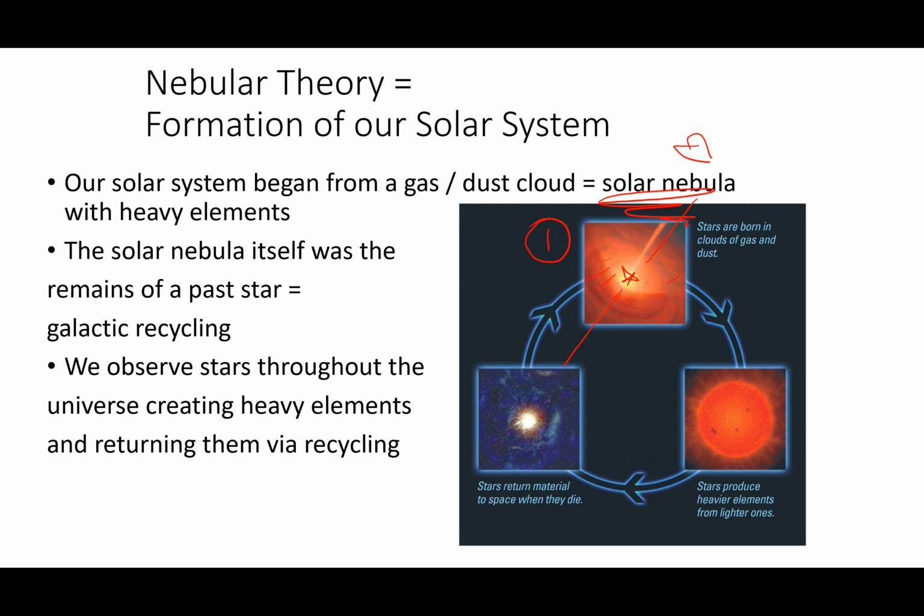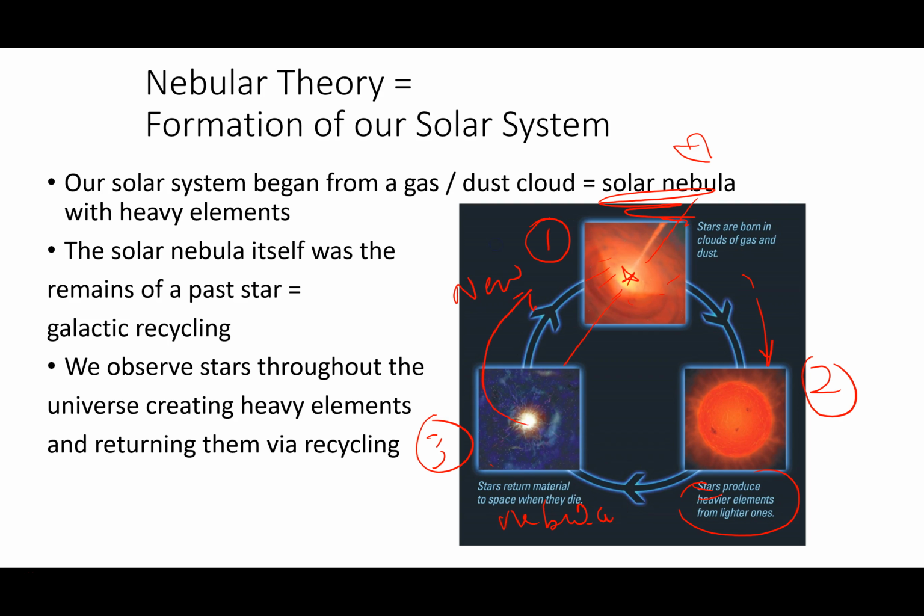This then is when it is a star. And this shows it's creating heavier and heavier elements. We'll talk more about that. And this, then, is a dying star, and this is creating the nebula that can be recycled into a new star.